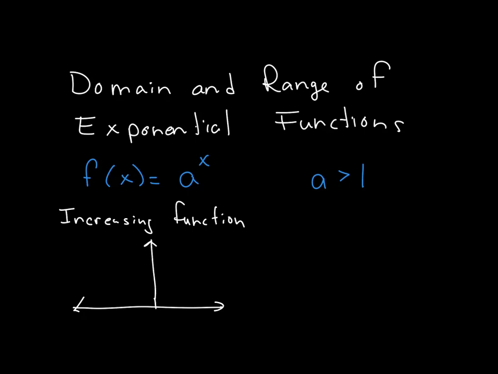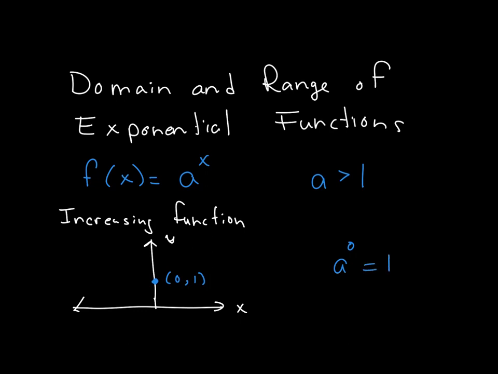What I want you to look for when you're graphing these is the first common point is going to be this point right here, which is going to be (0, 1), whatever that base is. And that's because no matter what a is, when you raise that to the 0 power, it doesn't matter the base.